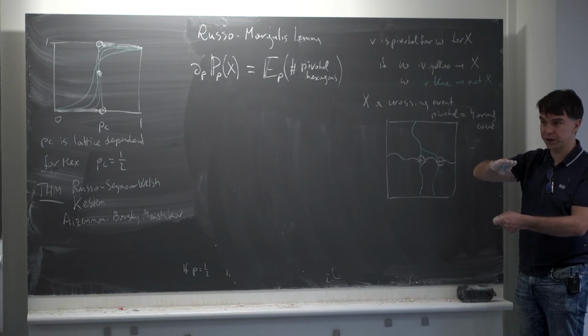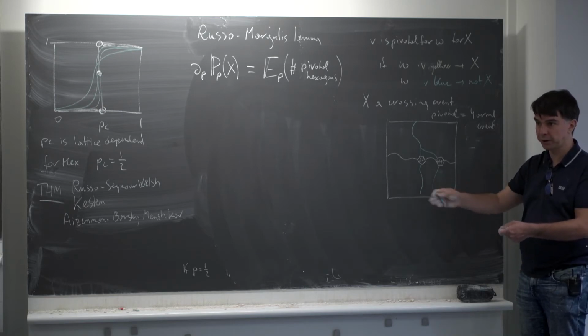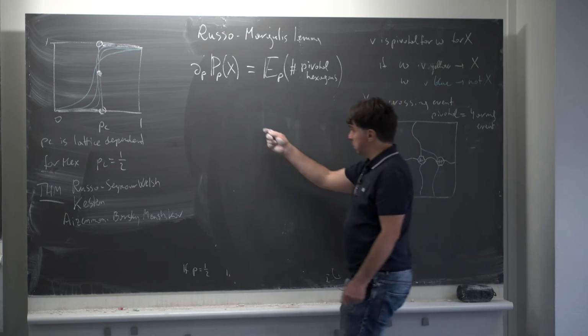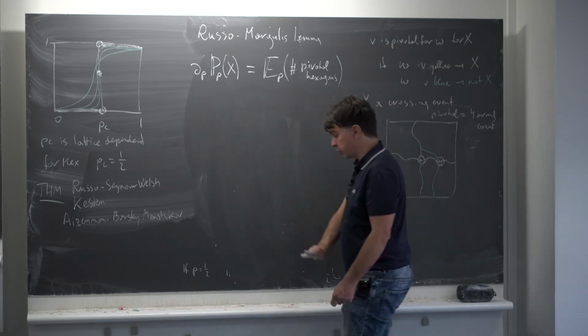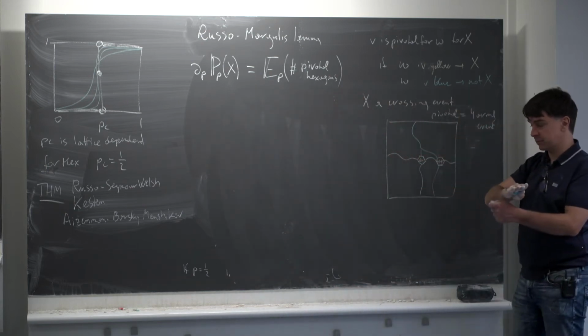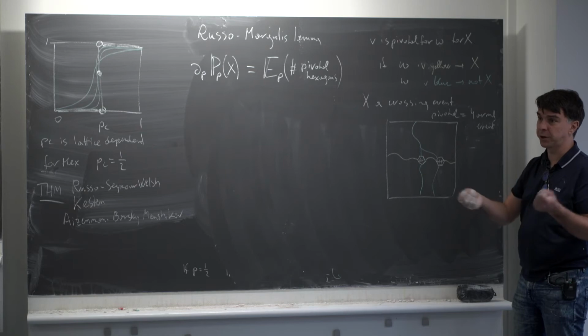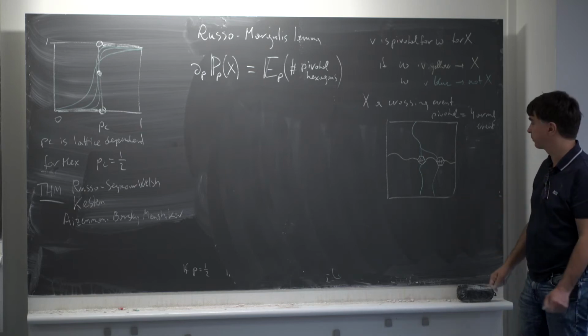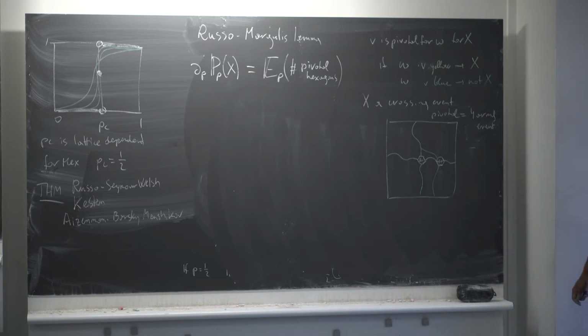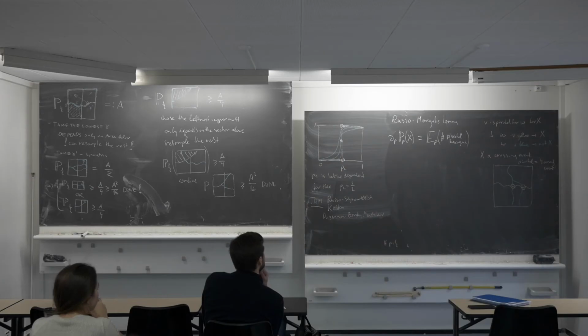Then when you just raise p, they flip one by one. So actually the content of this lemma is that when you raise the value of p, it's 0 probability that you flip two hexagons at the same time, because it's 0 probability that two independent real numbers are the same. So this is the Russo-Margulis lemma. Russo did it in the context of planar percolation, Margulis for something else, on Cayley graphs of groups, a slightly different thing.